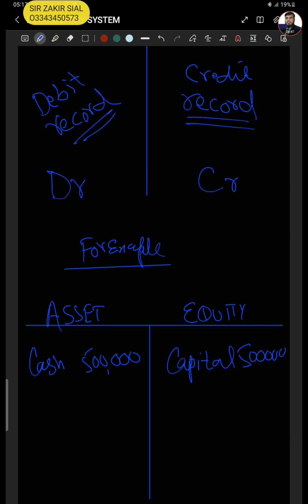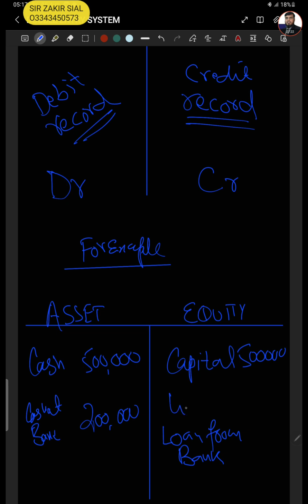So this is balanced. Then we took some cash from the bank as a loan. So cash at bank is increased. For instance, we are taking a loan of 200,000. So cash at bank will be 200,000, but this is a loan from the bank. This is a liability.